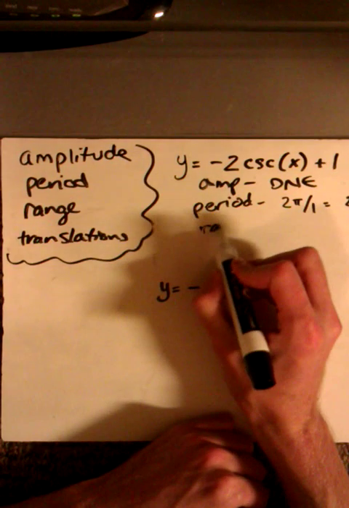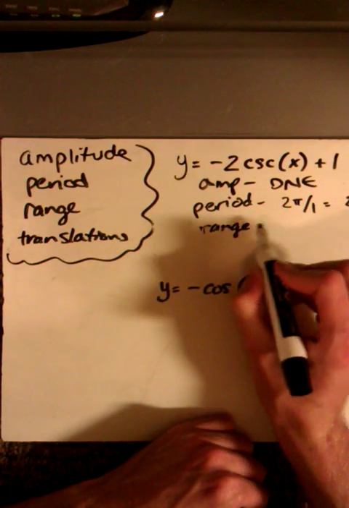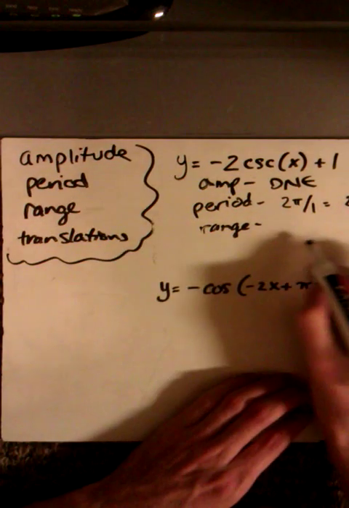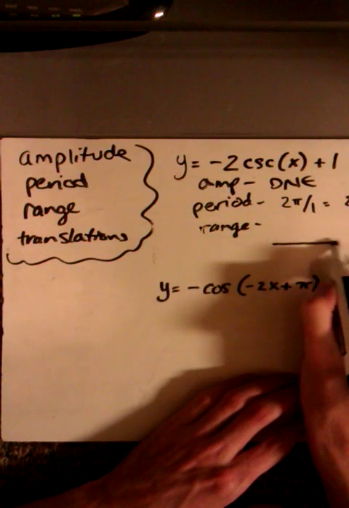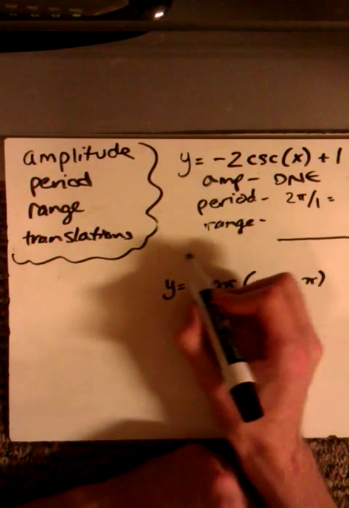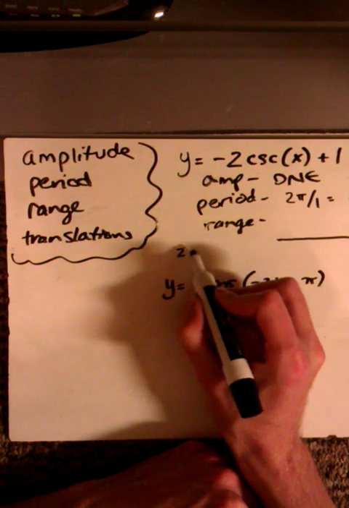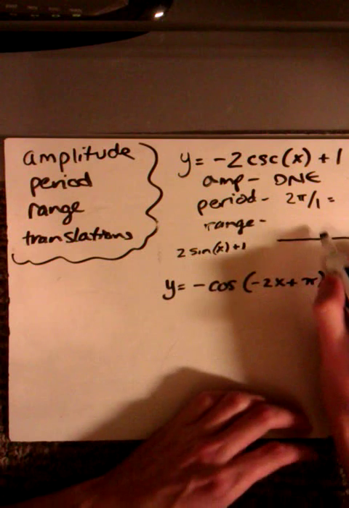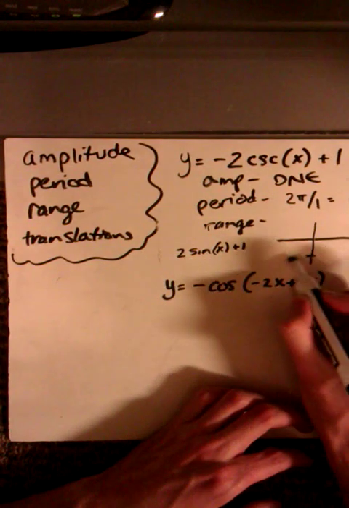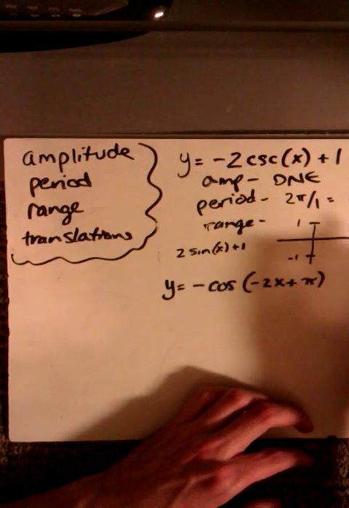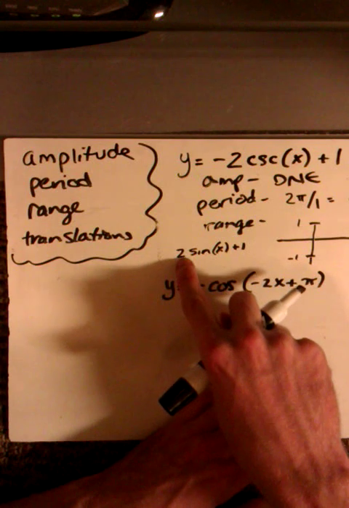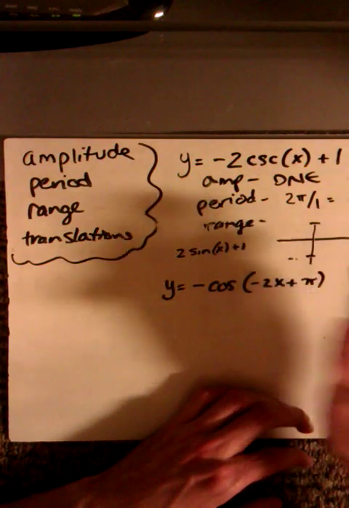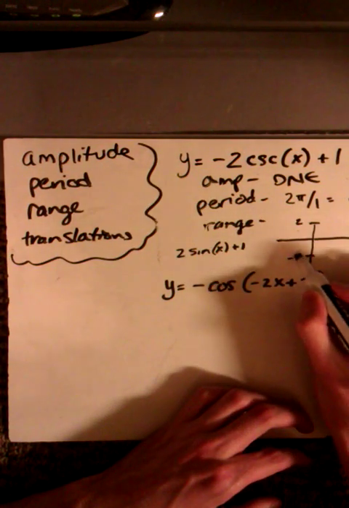The range, we have to think about some translations here for this one. So normally if we want to sketch cosecant, we look at sine first. So if I change that cosecant to a sine, and think about the translations I've got. Normally sine goes between negative 1 and positive 1. But I've stretched everything by 2. So that's 2 and negative 2.